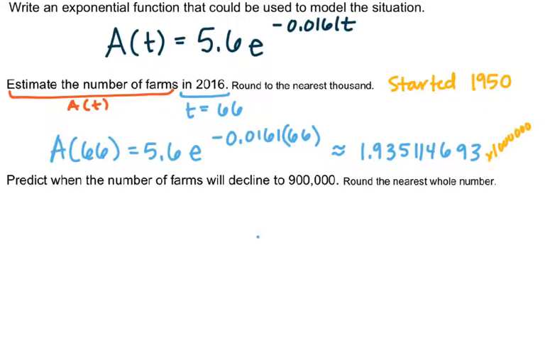And if I do that, that's going to cause that decimal to move 6 places to the right. So, this gives me a value of 1,935,114.693. So that is how many farms we have.